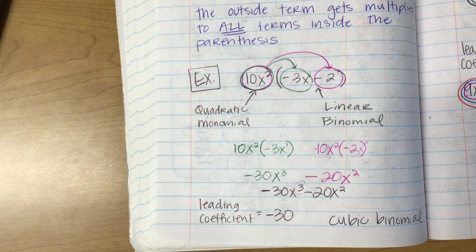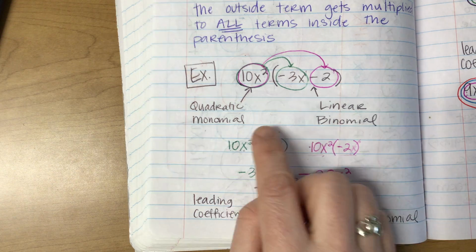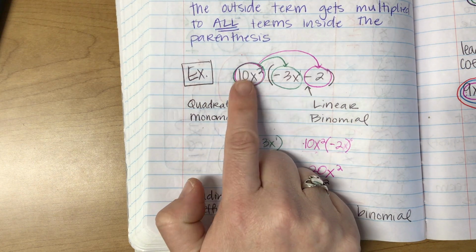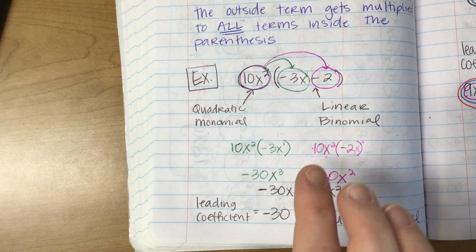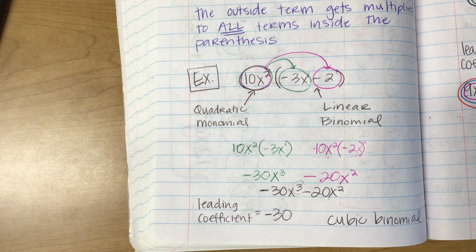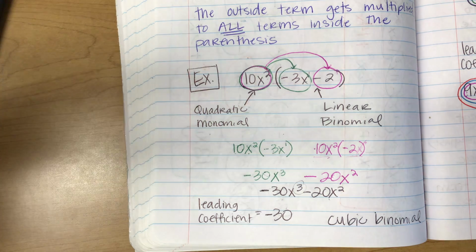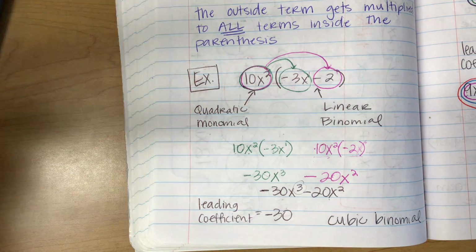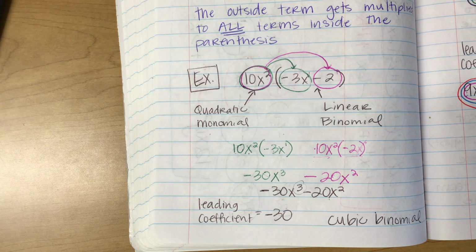The difference is that this time, in the past, we would have just had a 10 on the outside. Now we have a 10x squared. So you have to be able to multiply powers. Nothing brand new. It's just taking two skills we already have and putting them together.